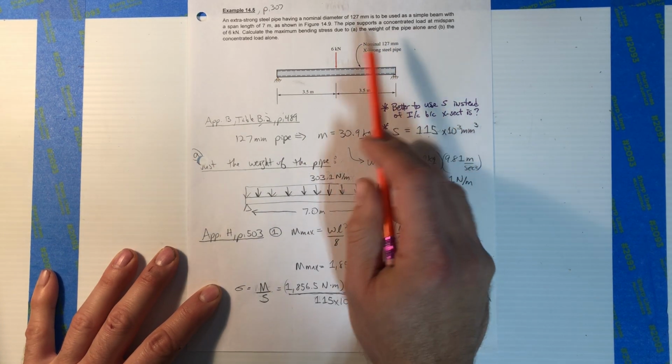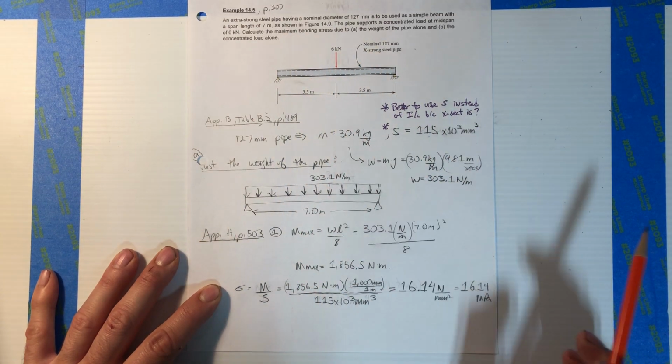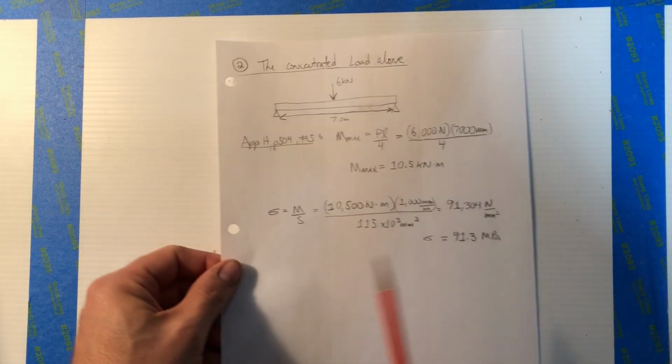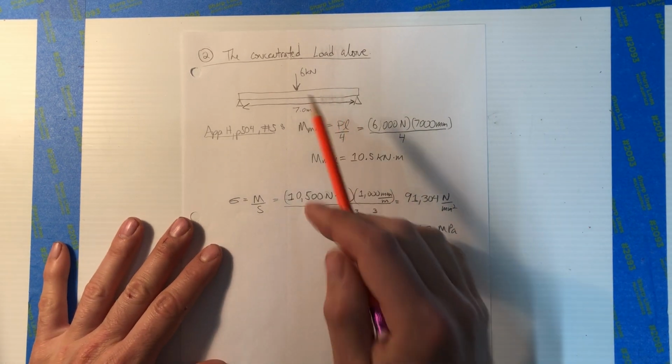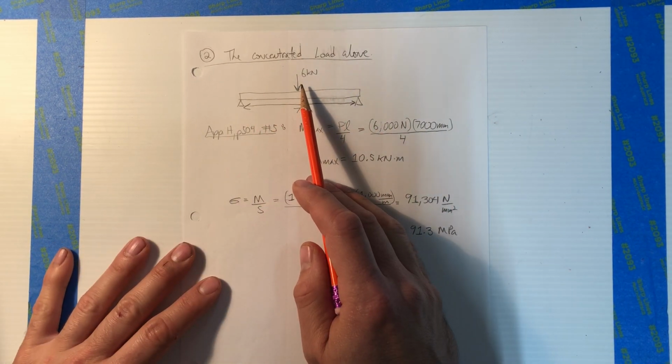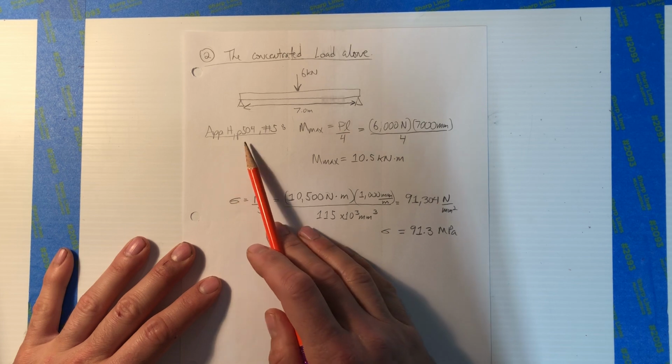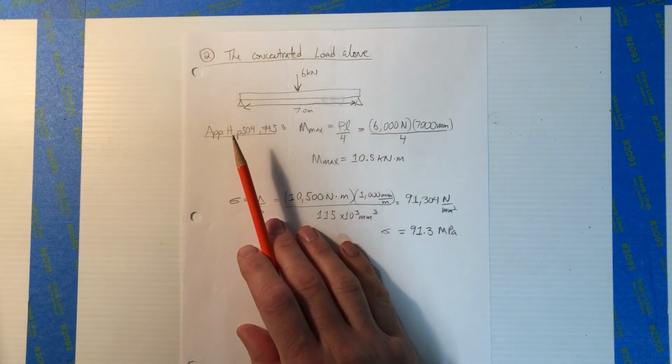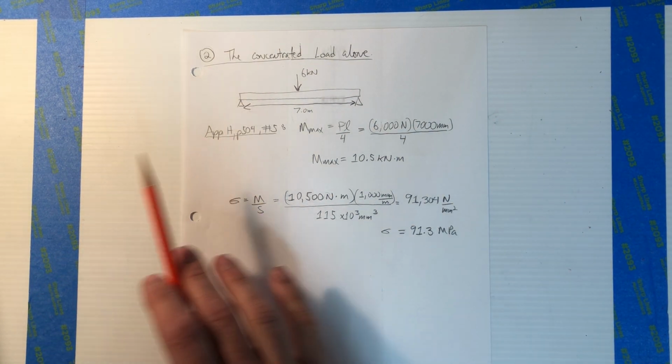Part B is, what's the stress due to the concentrated load? Concentrated load alone is simply the 6 kilonewtons in the middle. Same thing. This is now Appendix H, but it's no longer case 1.